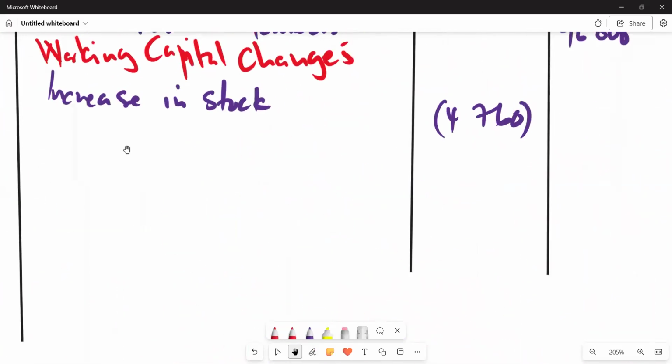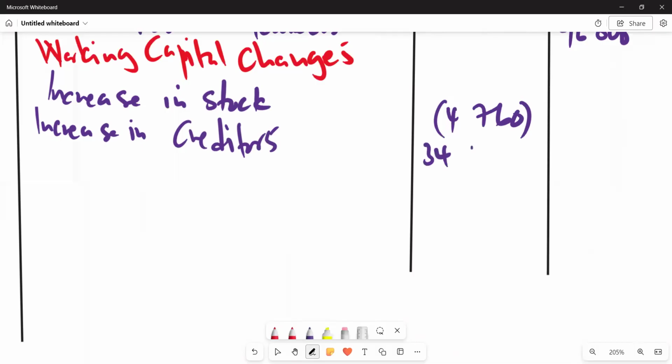So we are here, and we're saying increase in the creditors. The figure that we got there is 34,260, and we said we're going to show it as a positive.